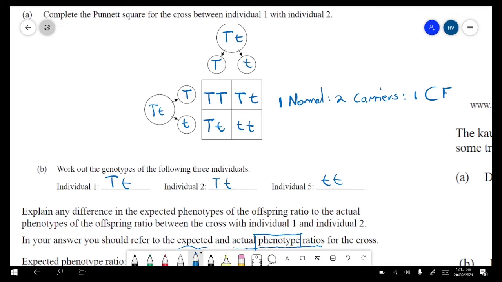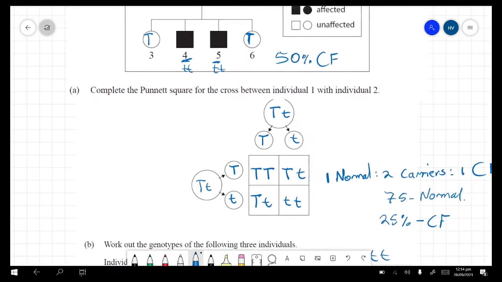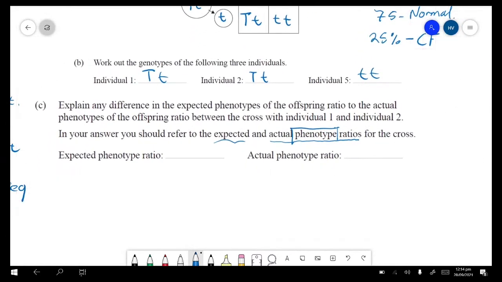That means that 25% of the offspring, because there's 4, 25% should have cystic fibrosis and 75% normal, if you just look at the phenotype. But when we then look at the actual offspring, we can see that 50% of them were cystic fibrosis. Now, how is that possible? Please answer the question for us.